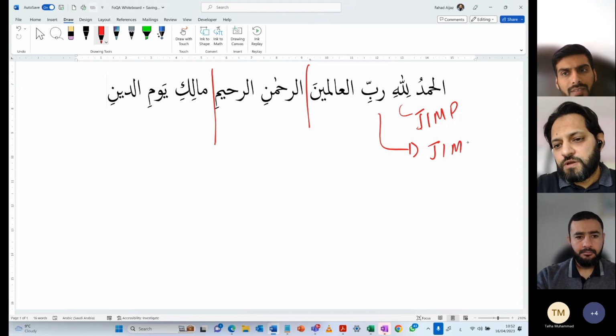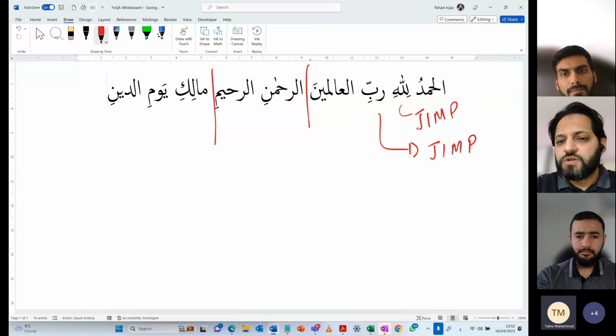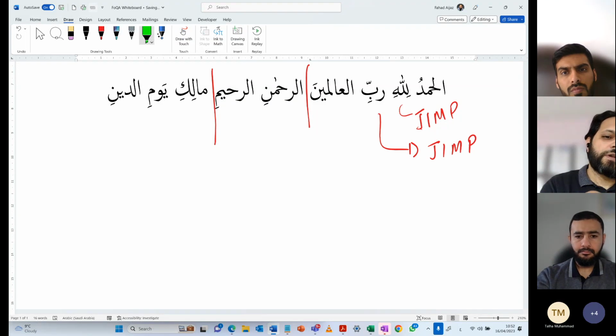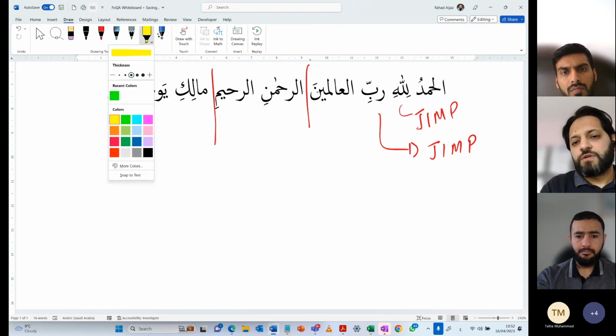proper. Okay, and why is it proper? If the word after it is proper, then the word before it is also proper, because of the mudaf and mudaf ilayh relationship. In between which words? Rabbil Alameen. Correct. Very good.